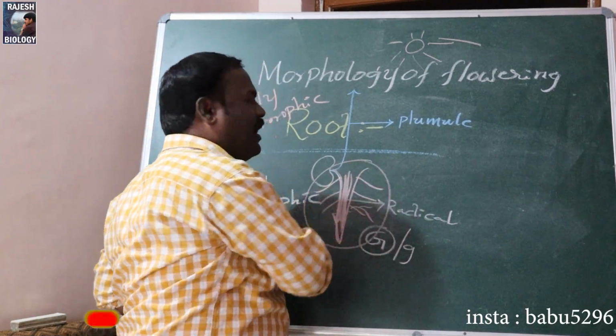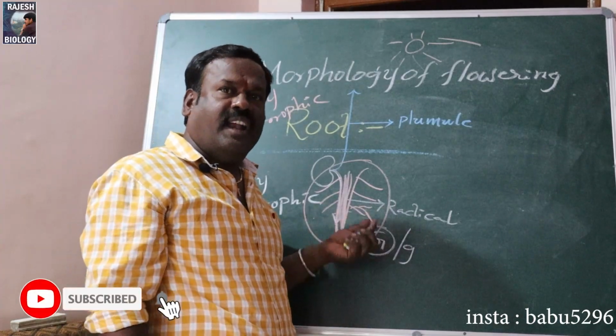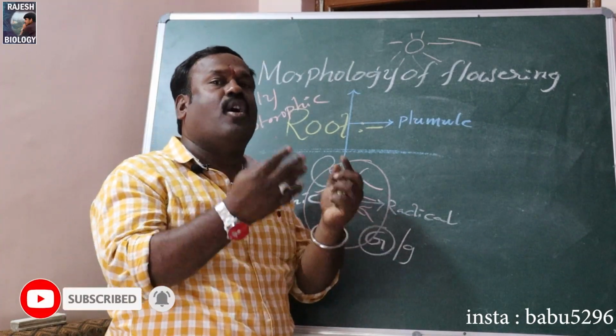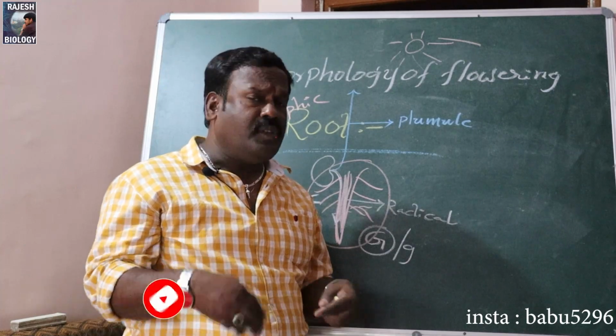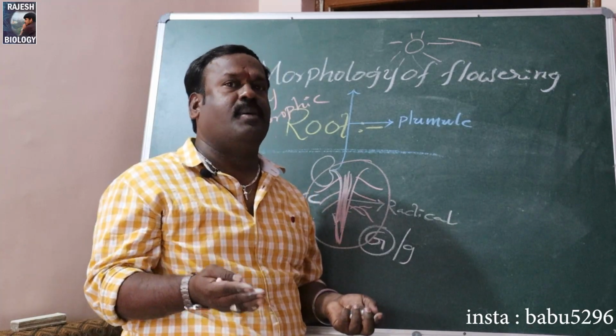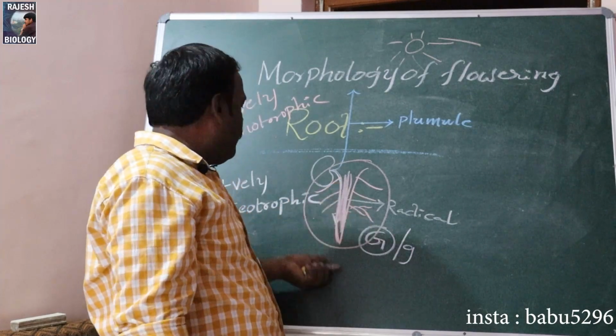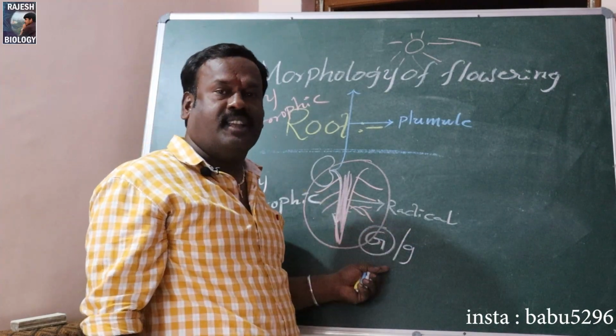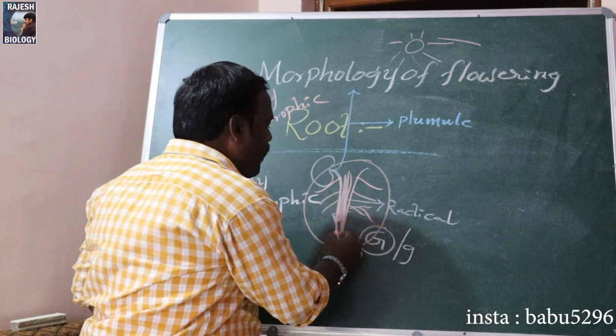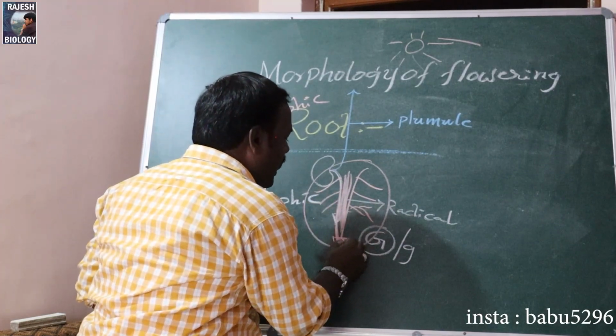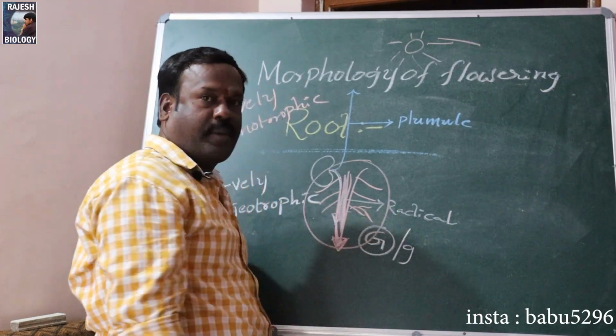Including all primary, secondary and tertiary roots, that is called root system. We will discuss what is root system and types of root system. The radicle changes into root, and at the tip of the root there is the root cap also.